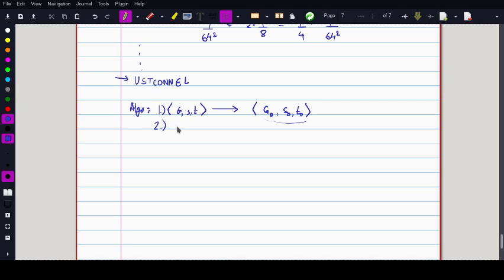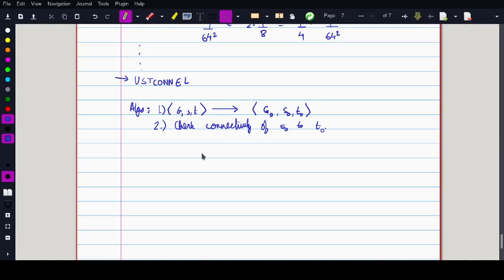Then the second step would be to check connectivity of s0 and t0 using the algorithm we discussed earlier, and this can be done in LogSpace. This can be done in LogSpace because G0 is an expander graph, so we know that this can be done in logarithmic space, sorry. And so that's it, I guess.